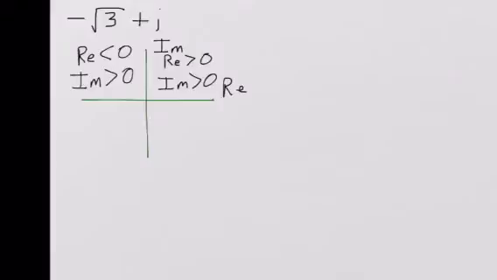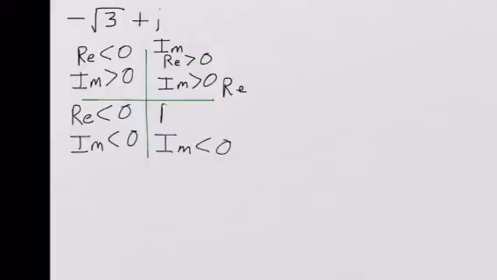Third quadrant, both x and y are negative, so the real part is negative. Imaginary part is negative. Fourth quadrant, the imaginary part is still negative, but the real part is now positive.